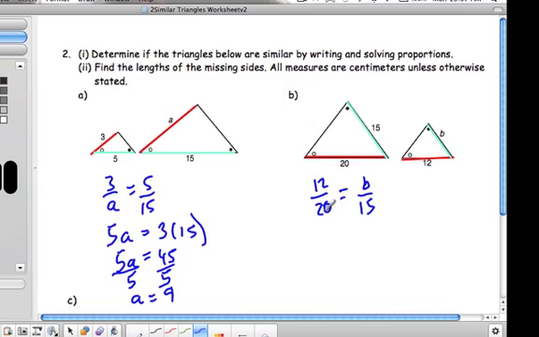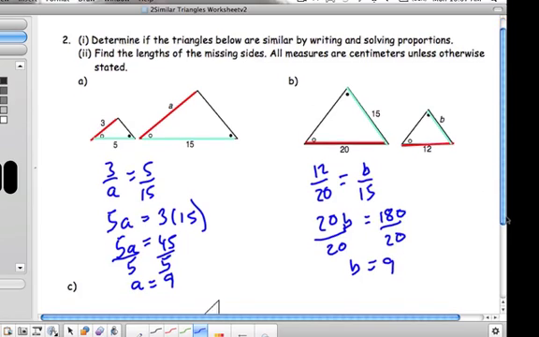We cross multiply again. 20 times B is 20B, and 12 times 15 is going to be 180. We divide both sides by 20, and we get B is equal to 9. And we don't know the units.